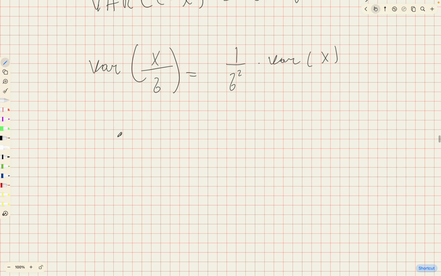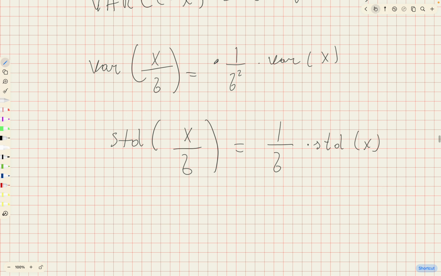So the standard deviation becomes 1 over standard deviation multiplied by the standard deviation of x, right?